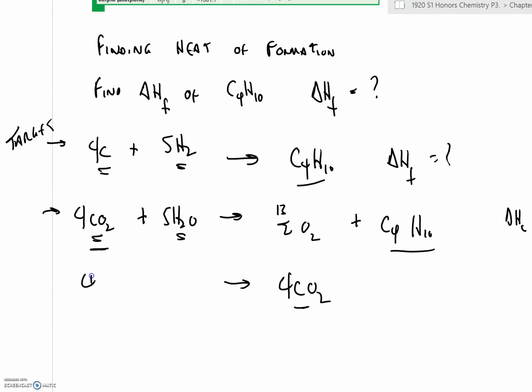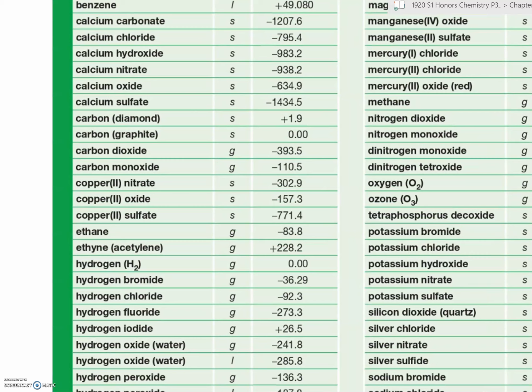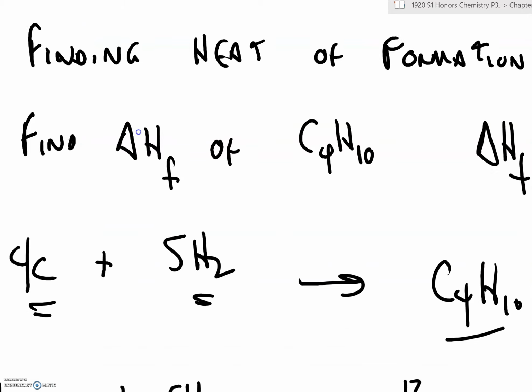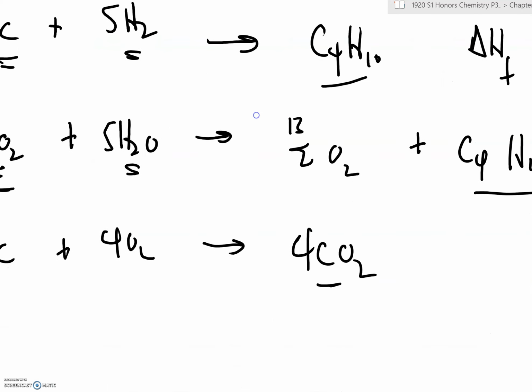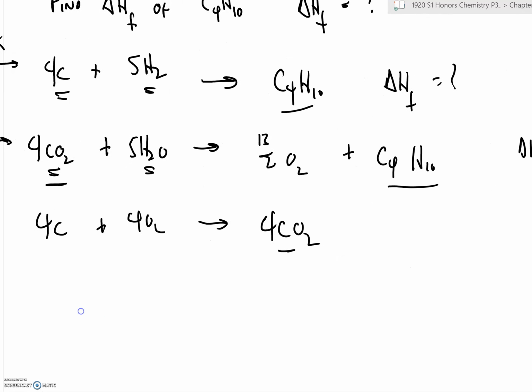And if we were going to assemble 4 CO2, we want 4 C's and 8 O's, but you can't have 8, you can have 4 O2. Okay, now we know from this table that when you are making carbon dioxide, it gives off negative 393.5. Well, we're not assembling 1, we're assembling 4. So that means that if our delta HF for 1 was negative 393.5, we are going to make 4, so we'll multiply that by 4.